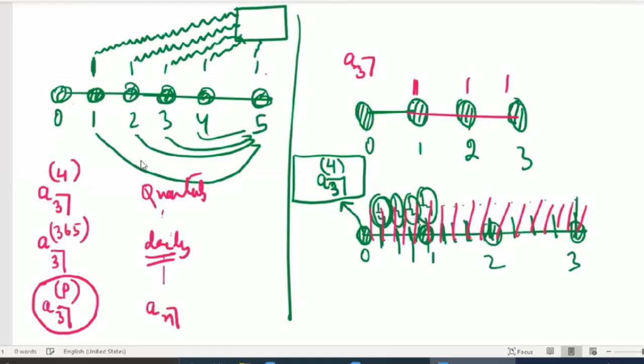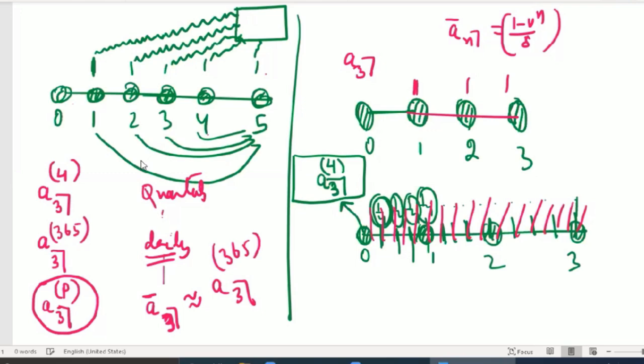Remember, AN bar should be equal to, if you find A3 bar using the formula, AN bar formula is 1 minus v^n by delta. Delta comes here. So this A3 bar is approximately equal to A3 365. So daily payments, when you are making every moment payment, there will be a little difference.